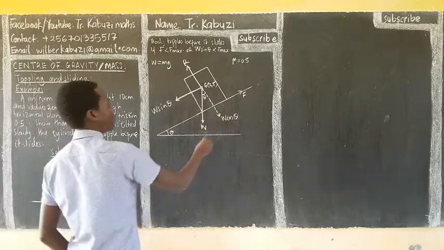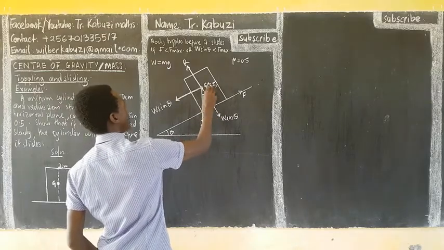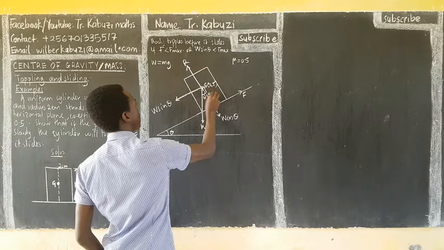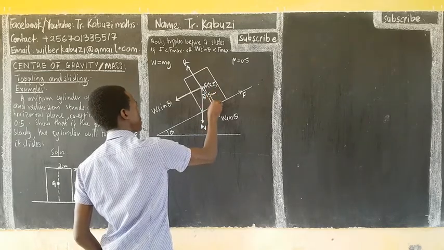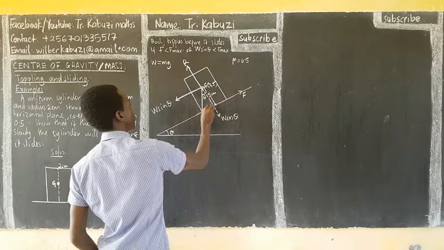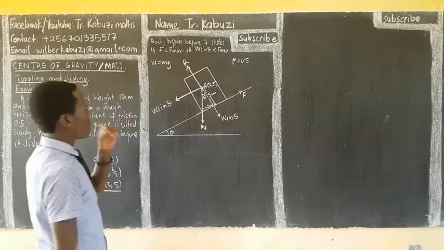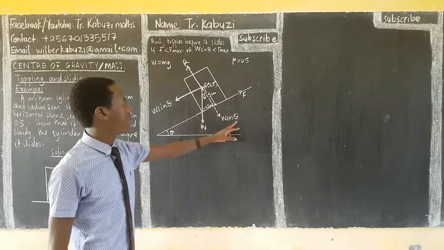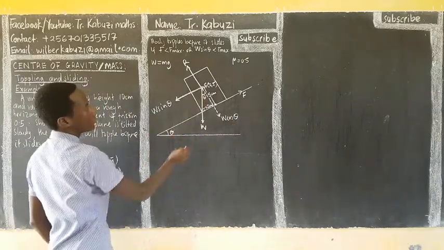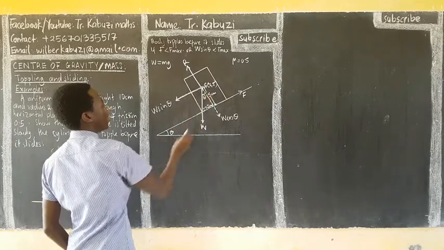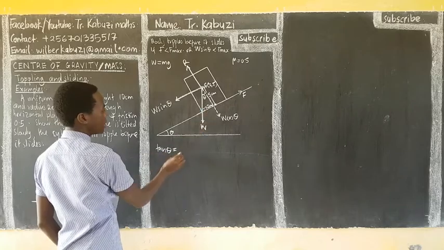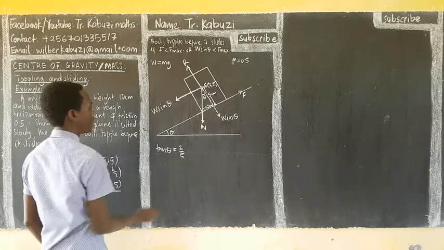So from here up to here, our height is 5 centimeters, and from here up to here we have our radius equal to 2 centimeters. To get everything, we first need theta. Considering this, tan theta equals the opposite over the adjacent, which is 2 over 5.